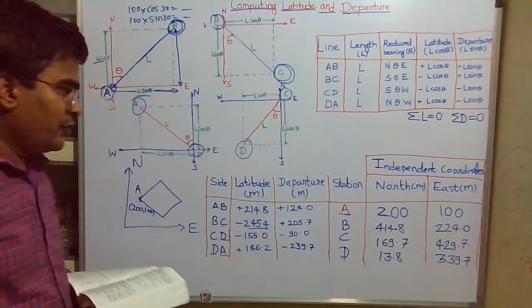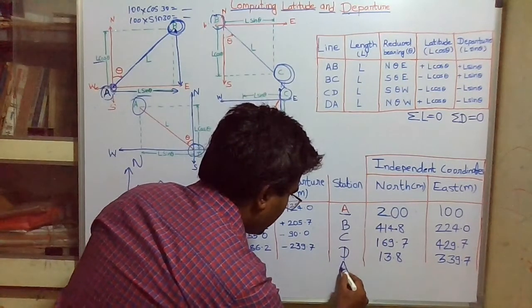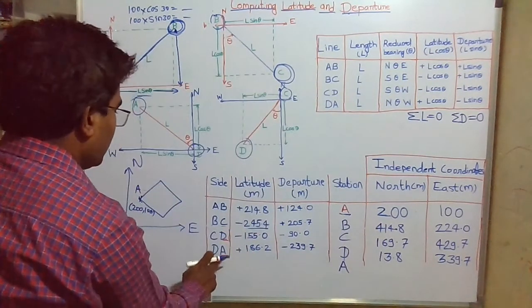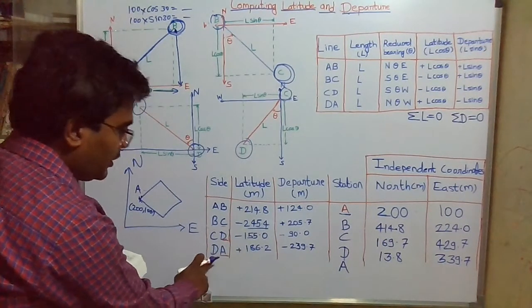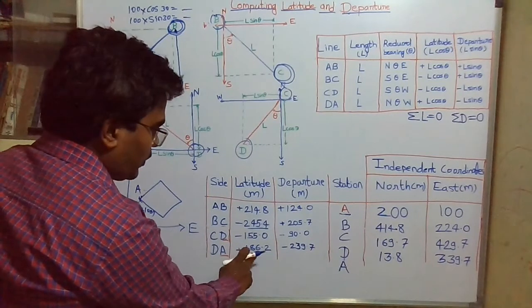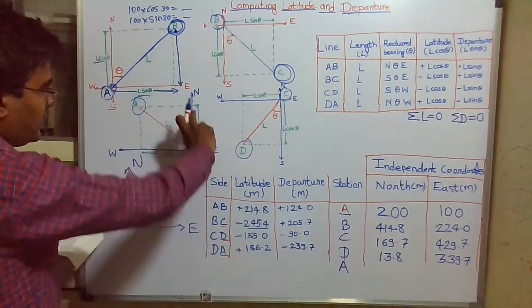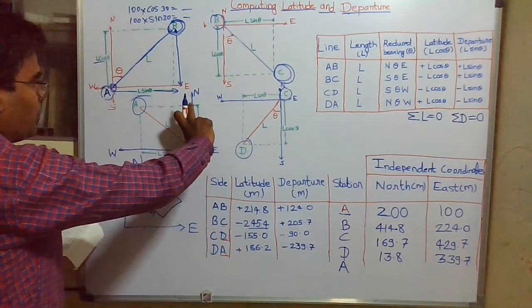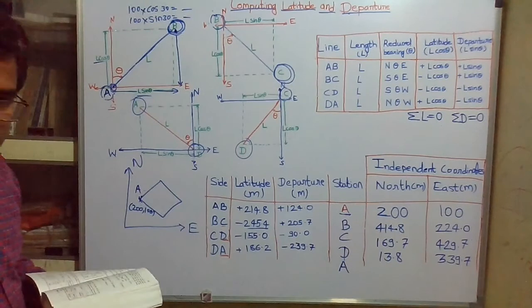Next, again we will check for the value of A. We got the position of point A from D: the latitude is 186.2 and the departure is 239.7.